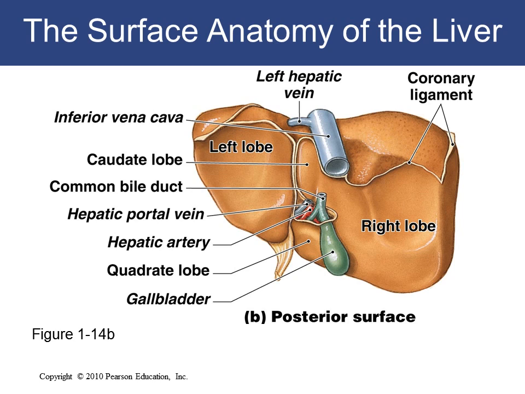This posterior surface, which is the visceral surface, has its own lobes. You can see there are four lobes around this area. We have the major right and left lobes, and there are two accessory lobes, because there are two features there.